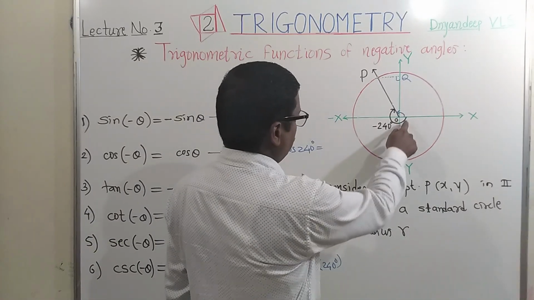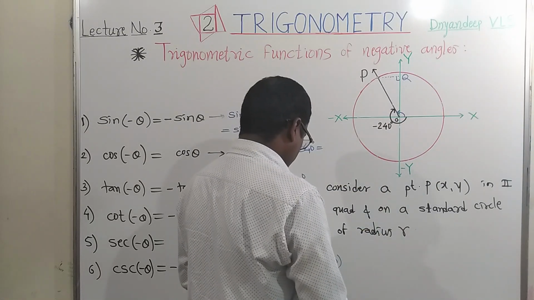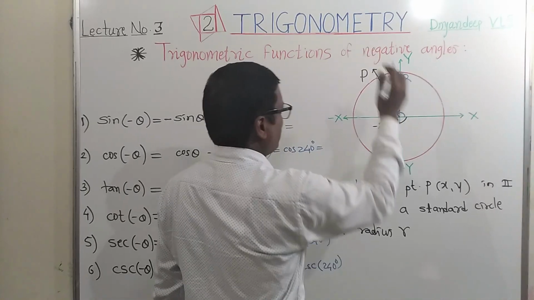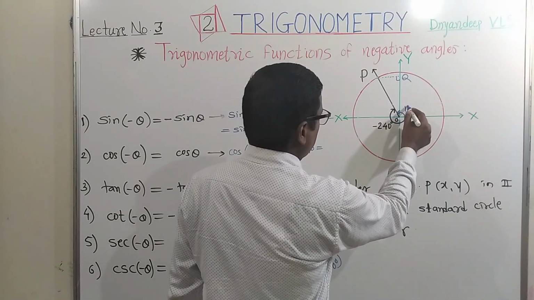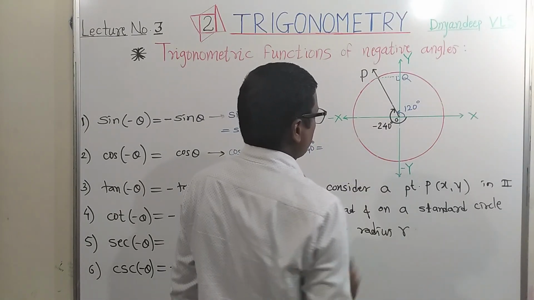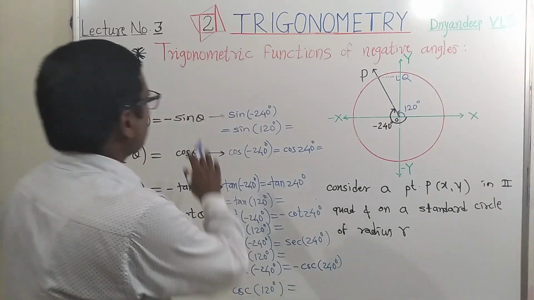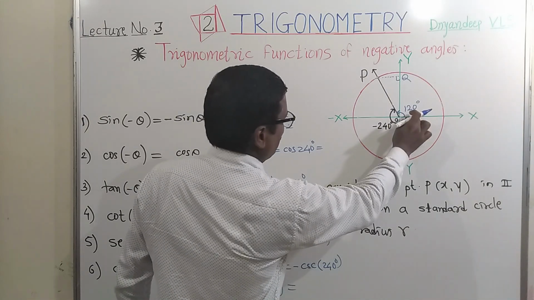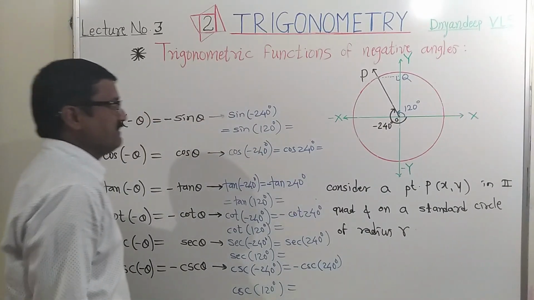So it is negative of 240, and the corresponding positive angle having the same initial arm and same terminal arm has measure plus 120 degree. So whatever the values of trigonometric functions for the negative angle, they are the same for this angle 120 degree.